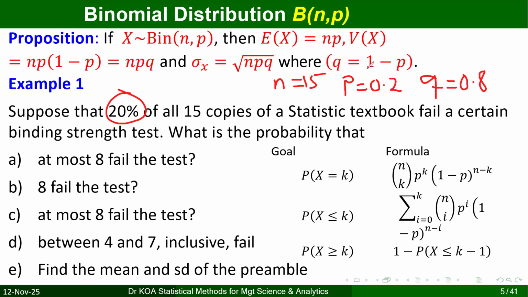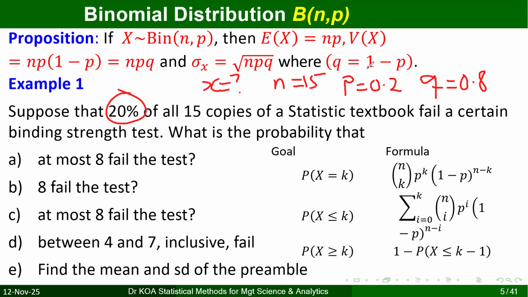Then, so these are 3 things. I said there are 4 things you need. The 4th one is the X variable. And the X variable is usually from the question, not from the preamble. So from the question, what are we looking for? We are looking for the probability that at most 8 fail the strength test.